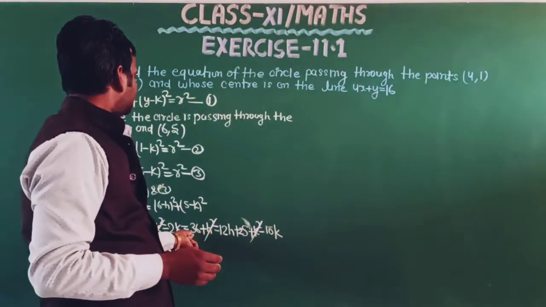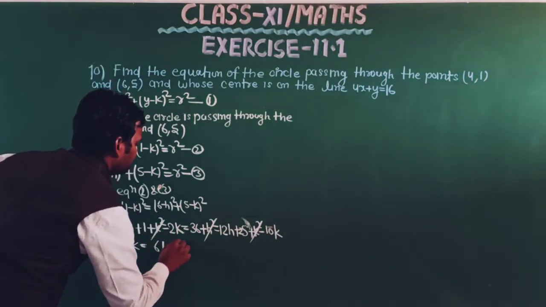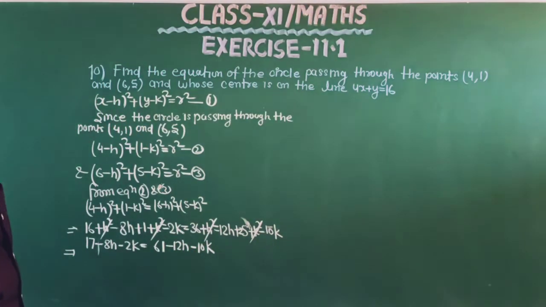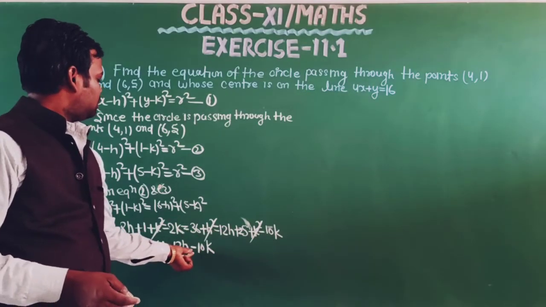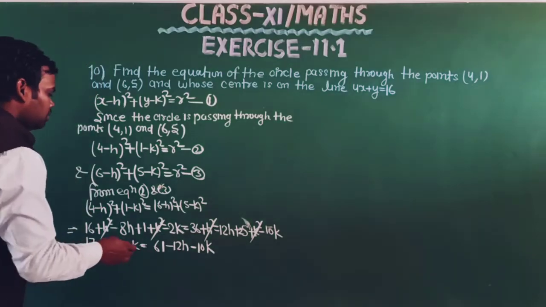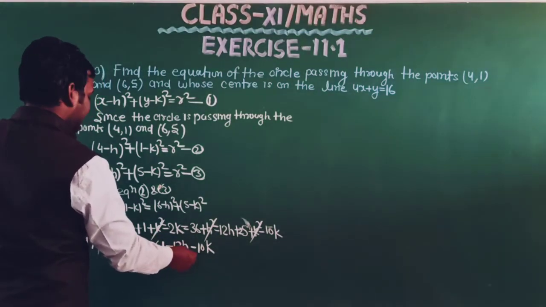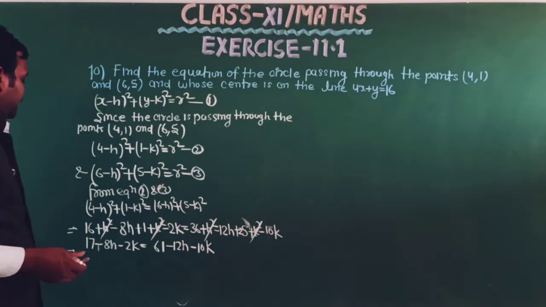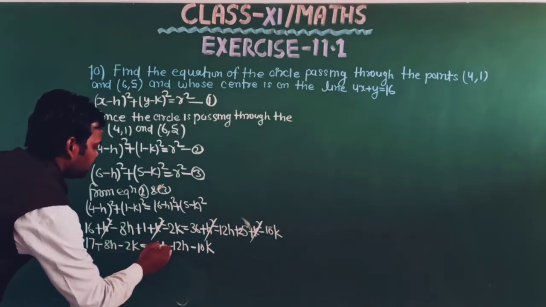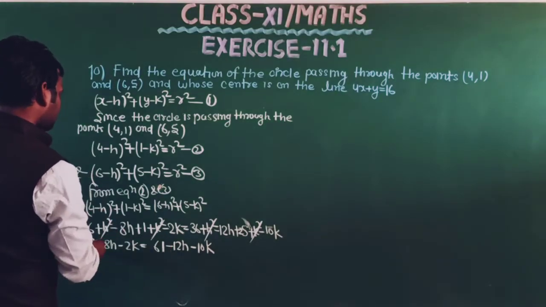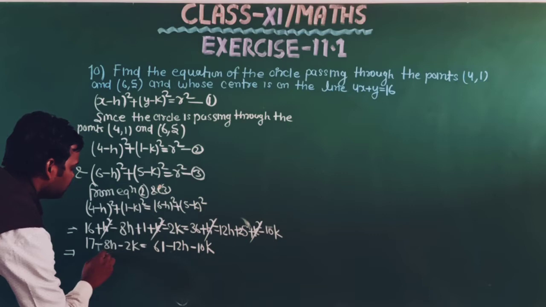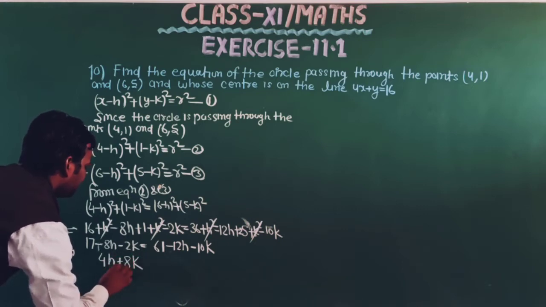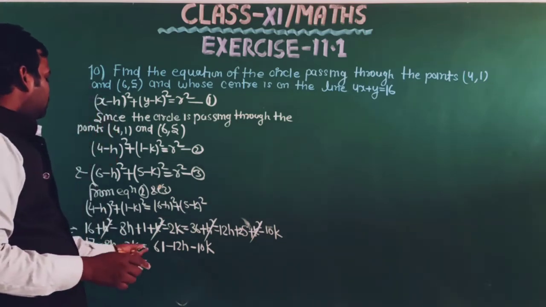So 17 minus 8h minus 2k equals 61 minus 12h minus 10k. Now shifting 12h to this side, this will be 4h, and the k terms give 8k, equal to 61 minus 17.